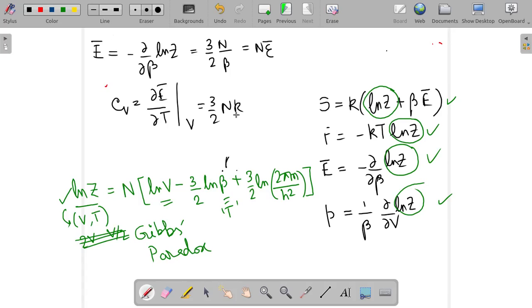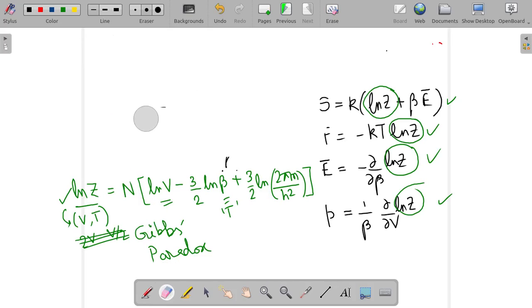And finally our beloved entropy S. If we use the entire value of log Z and also whatever we have got for E bar, then you will get S equal to Nk log V plus 3/2 log T. Here we are writing 1/kT in place of beta, plus some constant sigma.